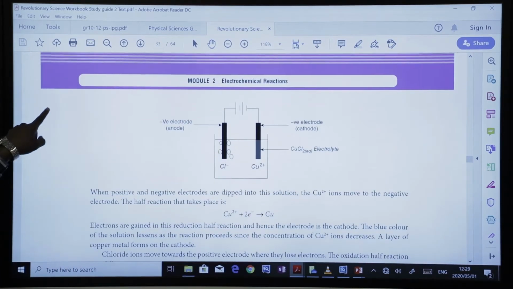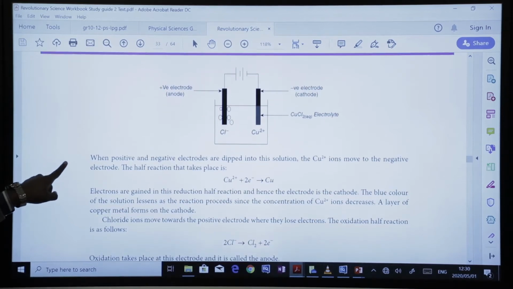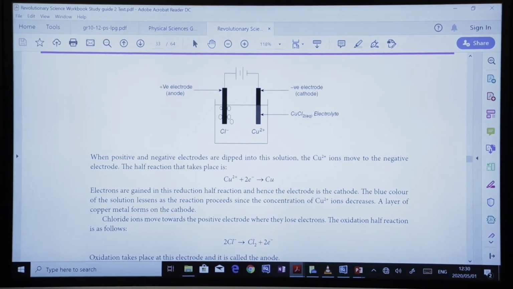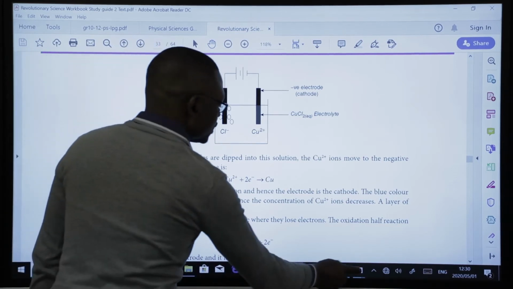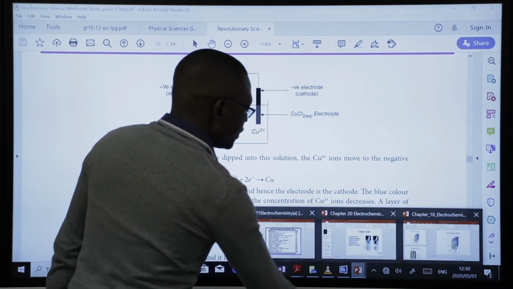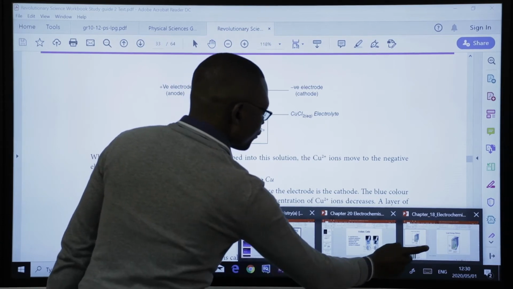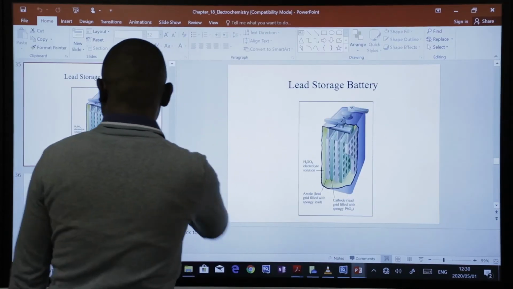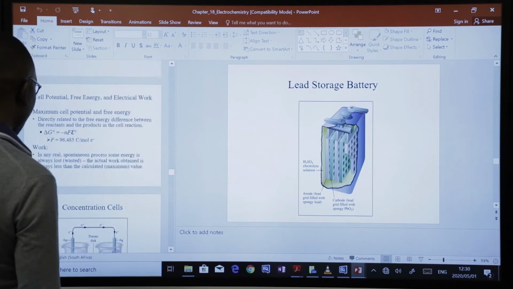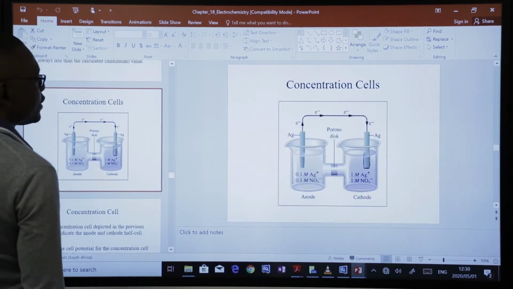Okay, so look at the difference here. This is an electrolytic cell. So this is the difference of this electrolytic cell from that of a galvanic cell.